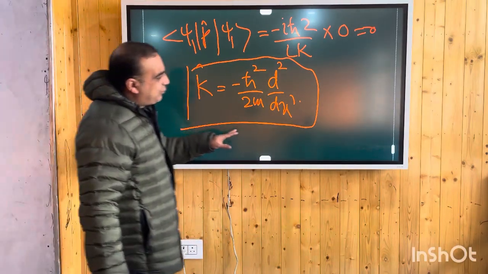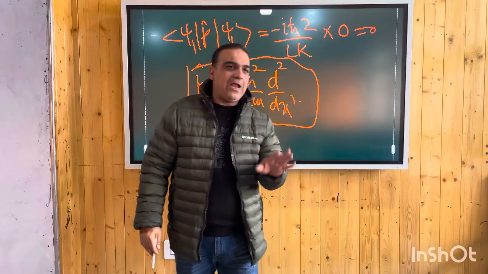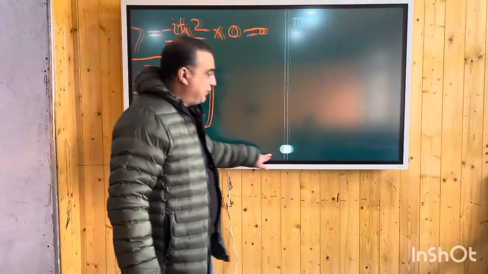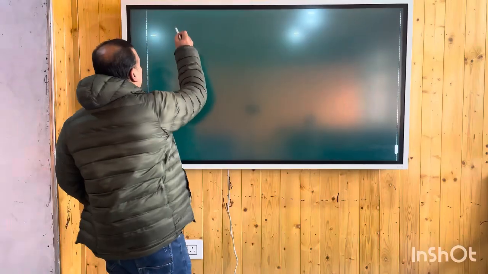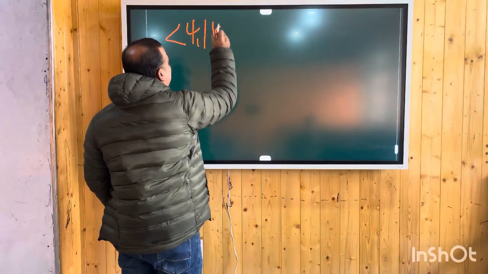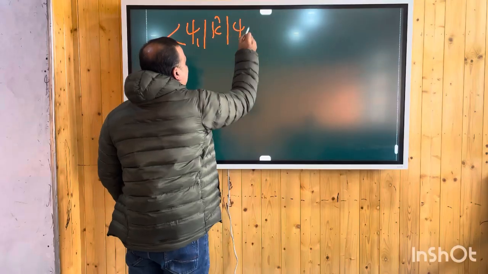So what we would like to do now is calculate the expectation value of the kinetic energy for this ground state. So what will that look like? That will look like psi 1, k cap, psi 1.